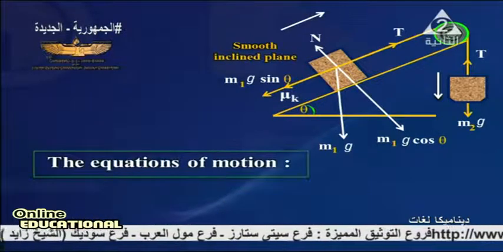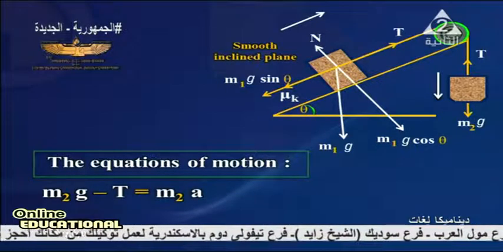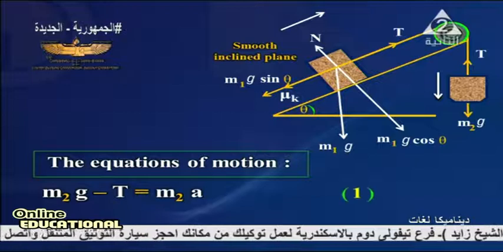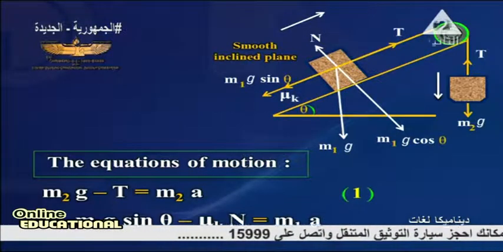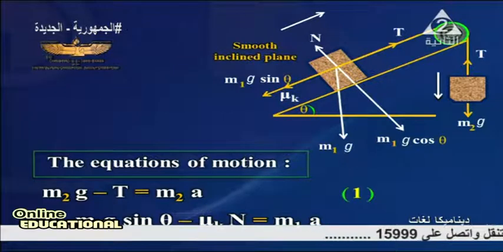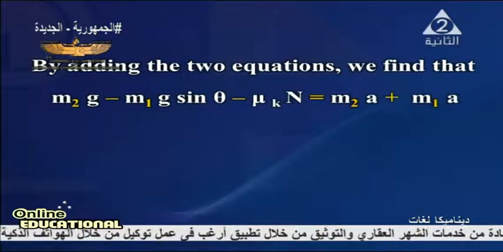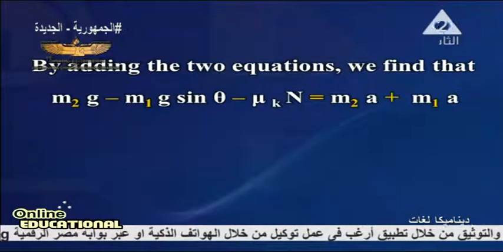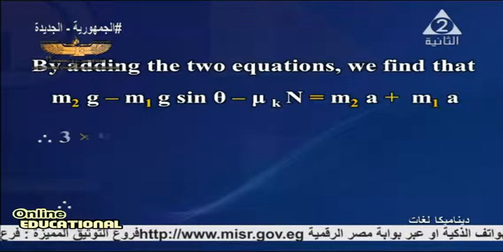And the equations of motion are: equation number 1, M2g minus T equals M2a, and equation number 2, T minus M1g sine theta minus mu k N equals M1a. By adding the two equations, we find that M2g minus M1g sine theta minus mu k N equals M2a plus M1a.